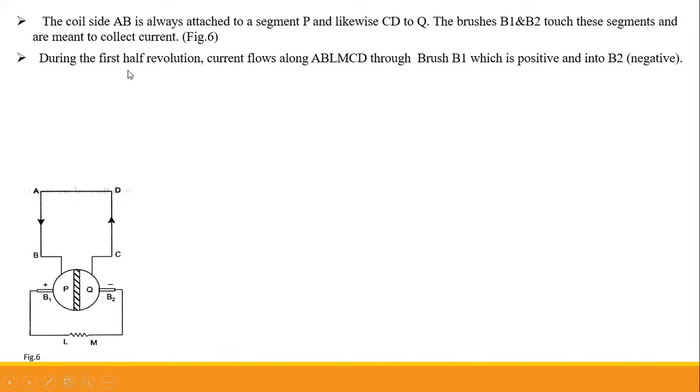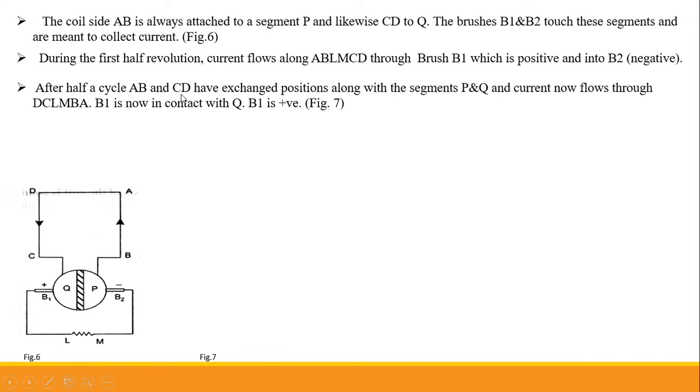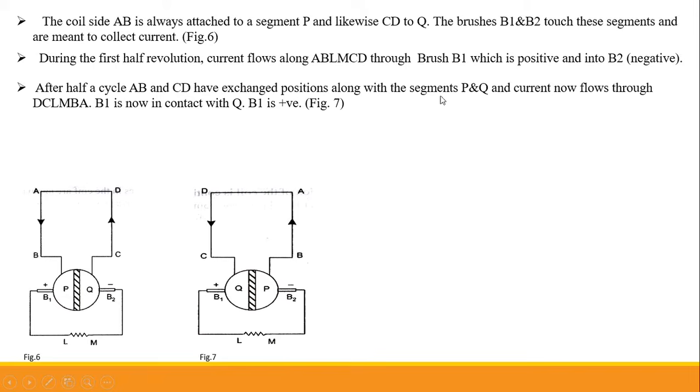During the first half of revolution, current flows along AB, LM, CD through brush B1, which is positive, and B2, which is in negative polarity. After half a cycle, AB and CD have exchanged positions along with the segments P and Q. Look at the diagram 7.